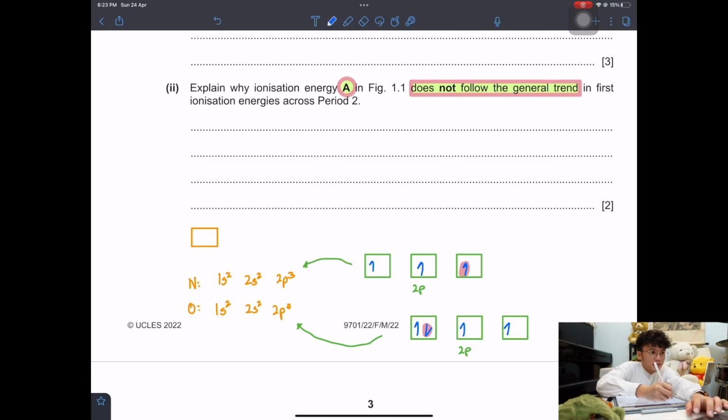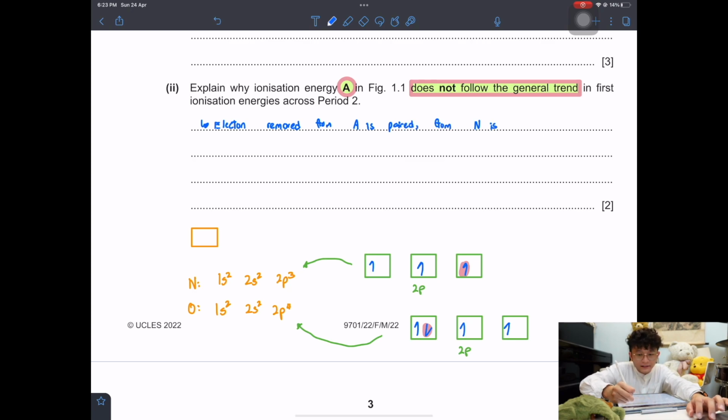So I can mention that the electron removed from A is paired. However, from nitrogen it is unpaired, in the 2p orbital. Next, a paired electron experiences spin pair repulsion.